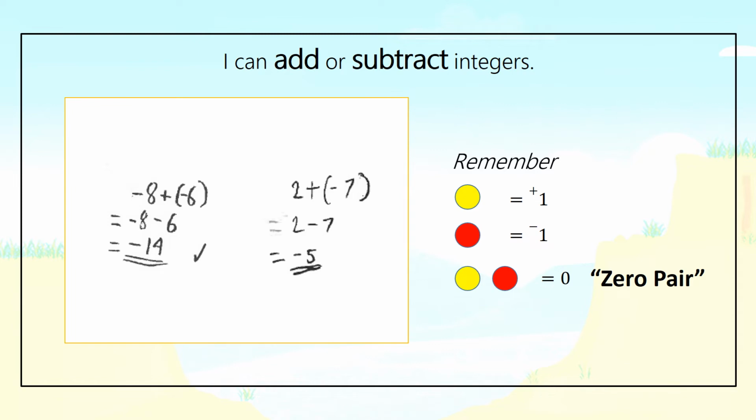This slide would be presented at the start of this topic because we've already discussed in a previous lesson, or maybe 2, the concept of a zero pair and what a red and a yellow counter represent. We also have an example of previous pupils' work just to illustrate the type of learning that the pupils are going to do.